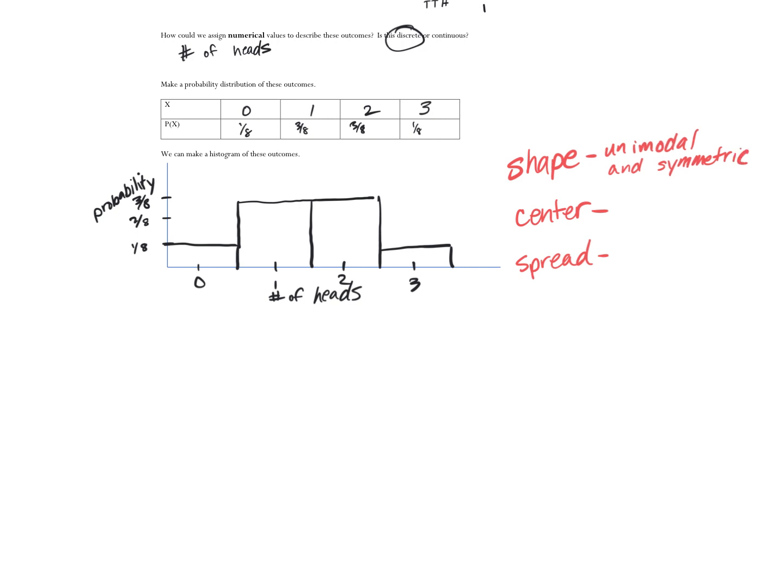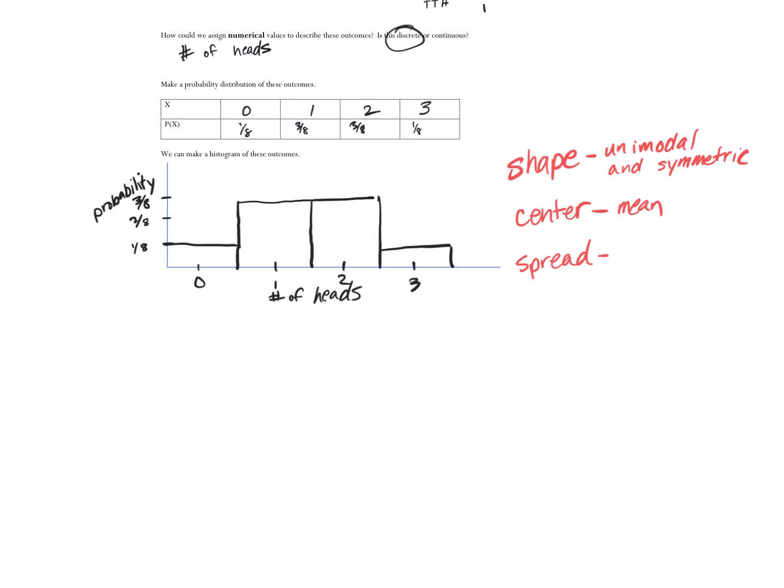What about the center? Ooh, I don't agree with that. Because remember, when we're looking at this, the average we'd be looking for is the average number of heads.